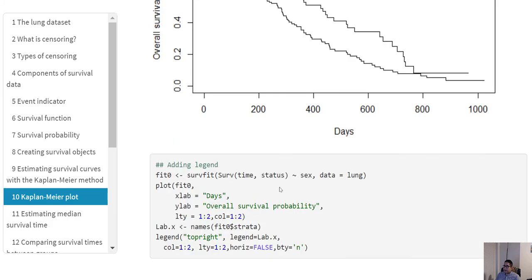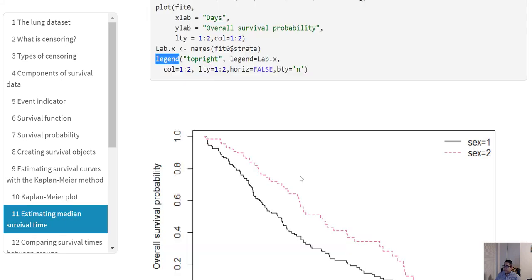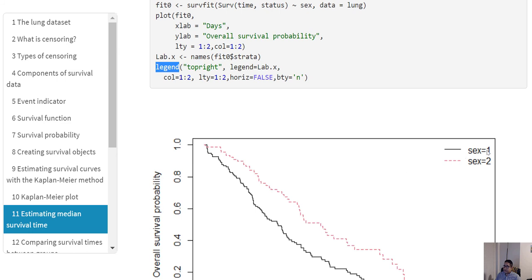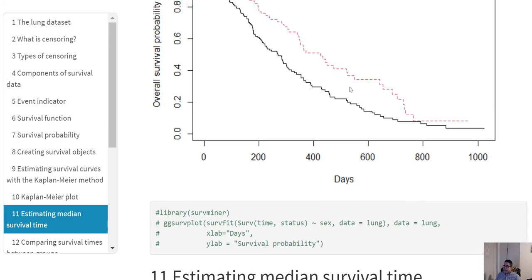But in this plot we do not really know which one is for male and which one is for female, so it is a very good idea to add a legend so that we know exactly which curve is for what. Here we can see that sex code 1 is the black line and sex code 2 is the red line, and then we can have a good idea about how to compare, and after comparison, what the results are.